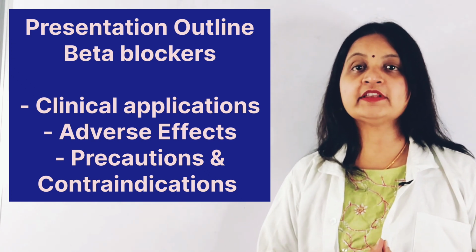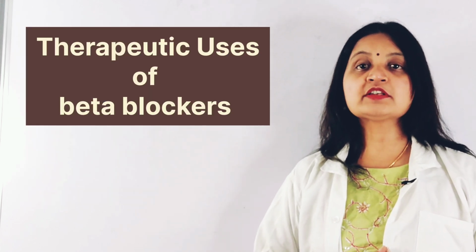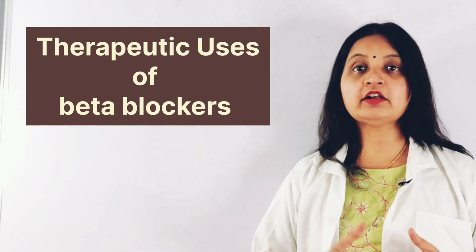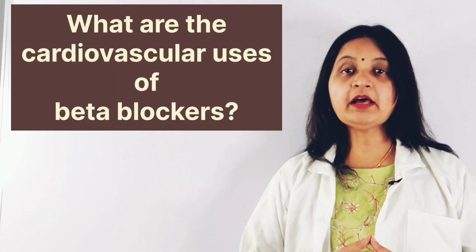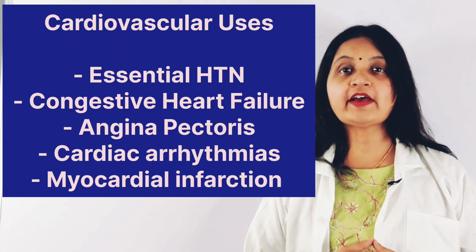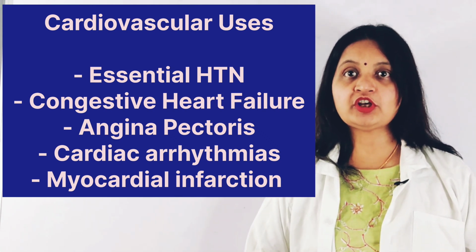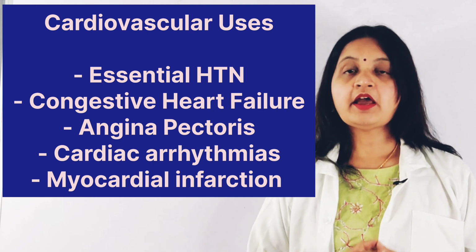Starting off with the therapeutic uses of beta blockers. The therapeutic uses of beta blockers can be categorized as cardiovascular and non-cardiovascular uses. So what are the cardiovascular uses of beta blockers? The beta blockers are used in various cardiovascular diseases: 1. Essential hypertension. 2. Congestive heart failure. 3.